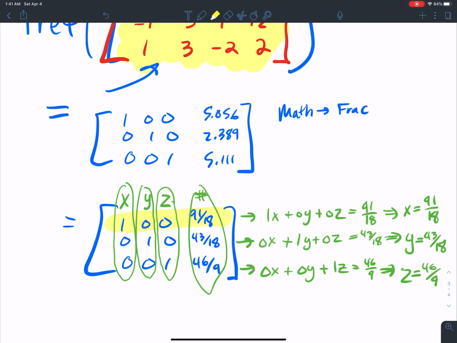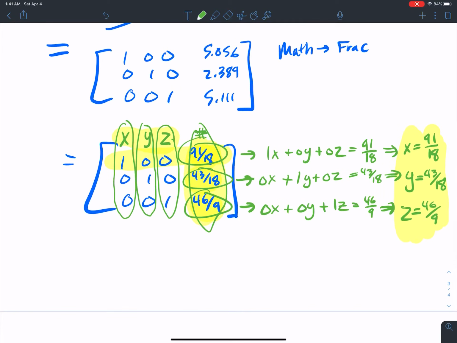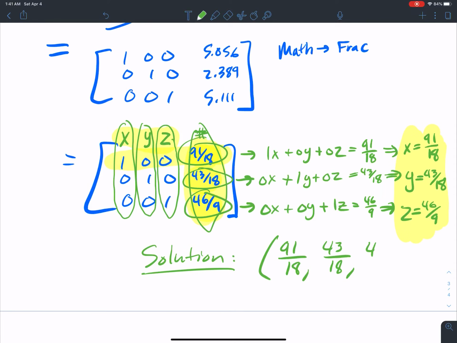Really, if I just read this and I have it in order like I do here, then my answers are X, Y, Z. It's spelled out right there for you. So what does my solution look like? The solution is the ordered triple 91 over 18, 43 over 18, 46 over 9. That's my X, Y, Z coordinate.